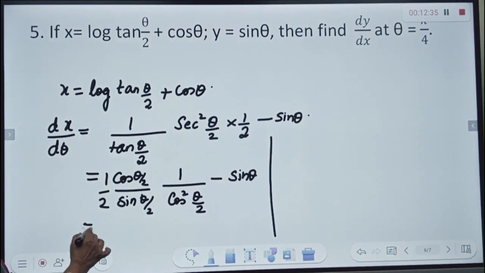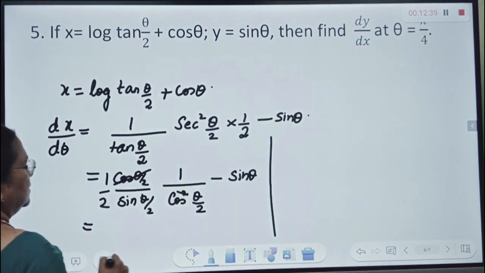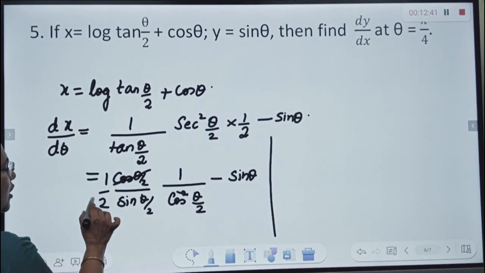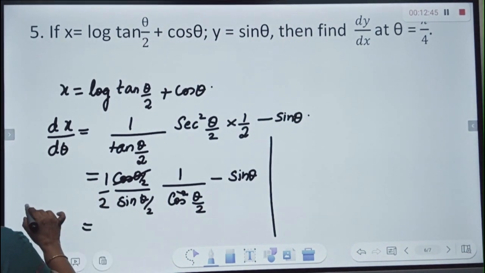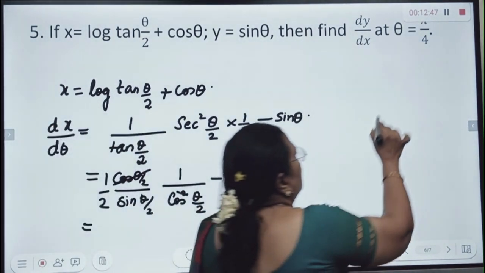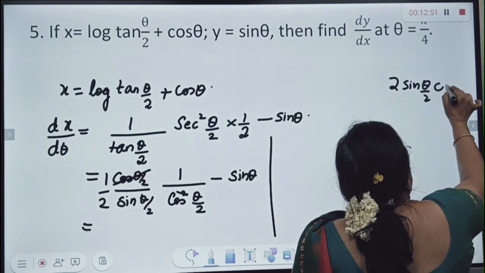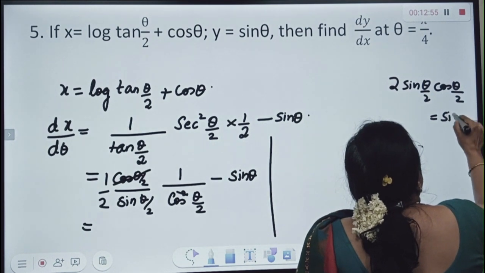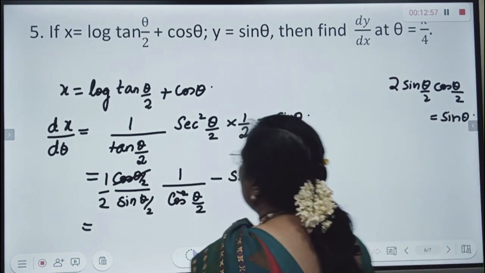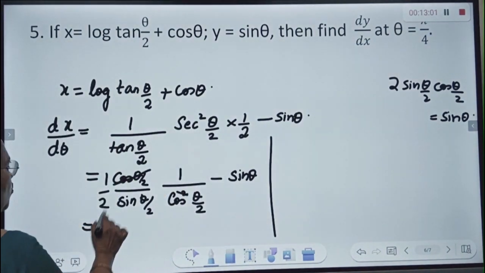Now one cos theta by 2 gets cancelled. So I have 1 by 2 sin theta by 2 cos theta by 2. Recognize 2 sin theta by 2 cos theta by 2 is sin of 2 theta by 2, which is sin theta. So 1 by sin theta.